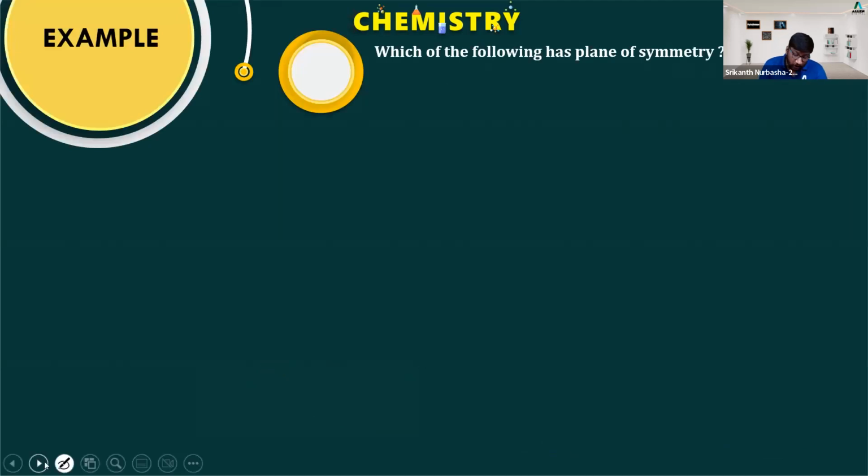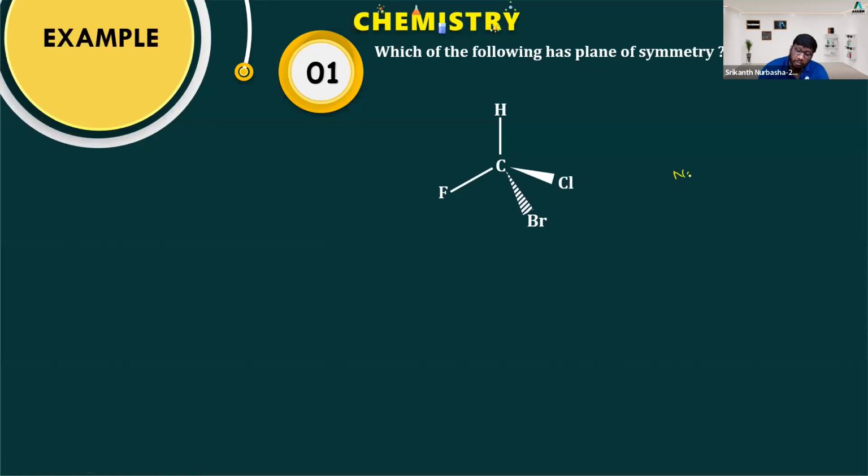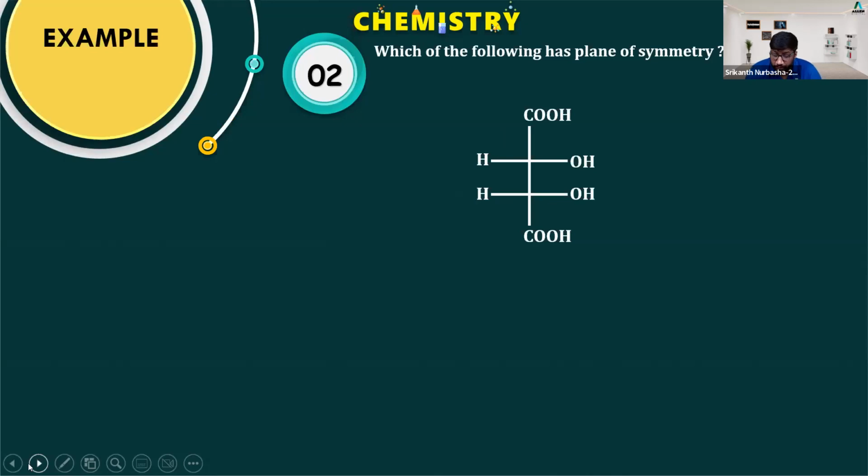Try to find out which of the following has a plane of symmetry. Does this have a plane of symmetry? No, sir. All four groups are different: hydrogen, fluorine, chlorine, bromine. So no plane of symmetry. Which of the following has a plane of symmetry? Does this compound have a plane of symmetry or not? Yes, sir.